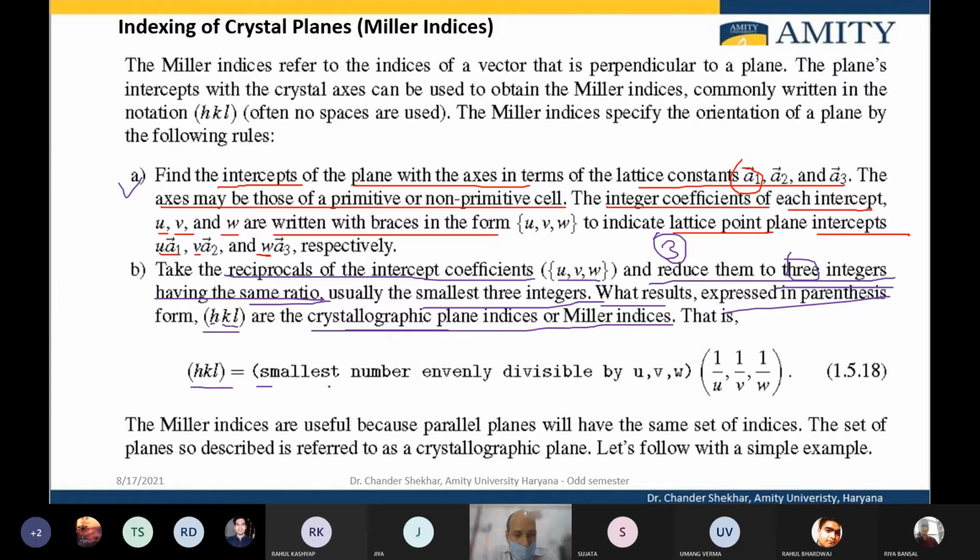HKL is the smallest set of integers evenly divided from U, V and W. If U, V and W are the intercepts of a particular direction along x, y and z respectively, then the reciprocals reduced to the smallest 3 integers are the Miller indices of that particular plane. Miller indices are useful because parallel planes have the same set of indices, and the set of planes so described is referred to as the crystallographic planes.